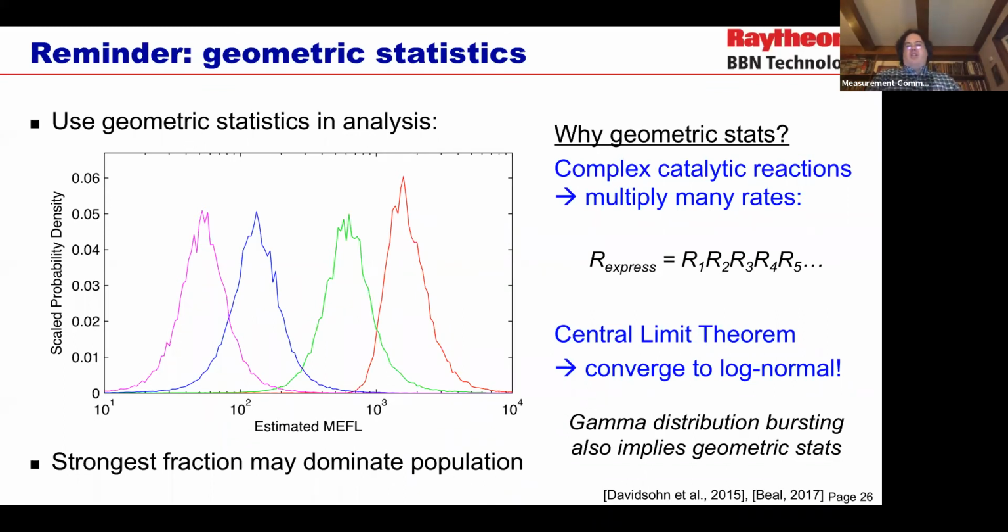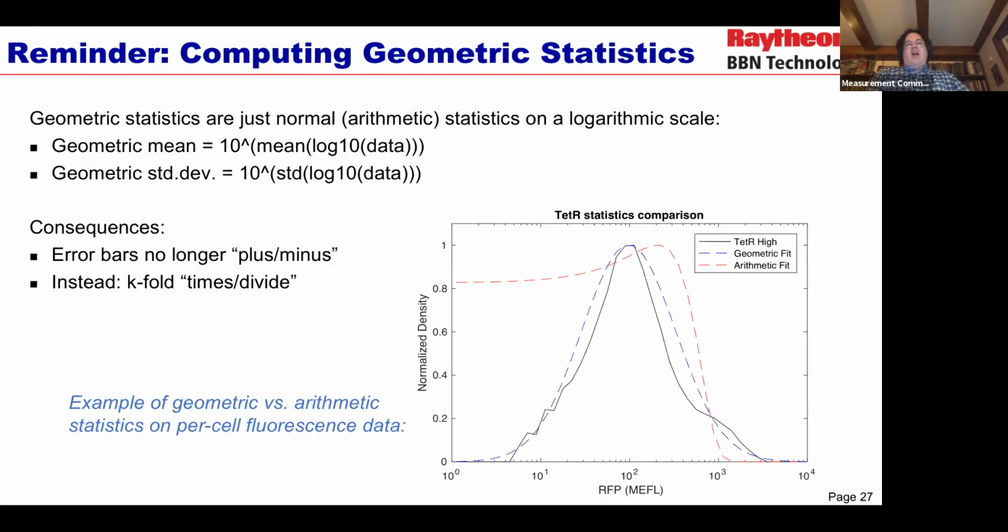So we're going to work with geometric statistics in analysis. A reminder about how those get computed. They're really just your normal arithmetic statistics, means and standard deviations, on a log scale. The key consequence of this is that your error bars are times and divide rather than plus and minus.